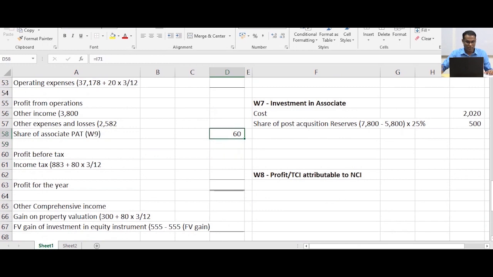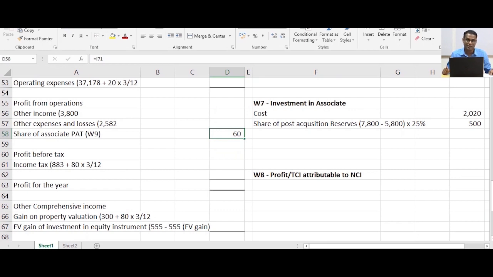Okay. And not only that, actually with regard to Teak PLC, you have other comprehensive income as well. That means out of the other comprehensive income also you need to allocate the share of the associate's other comprehensive income to the consolidated income statement. If you look at Teak PLC, in other comprehensive income there's a gain on property revaluation, 80.